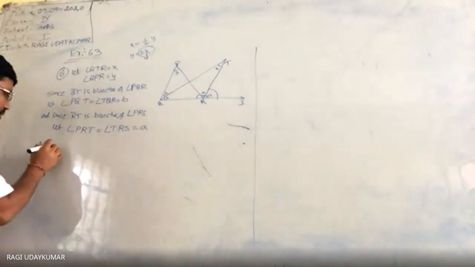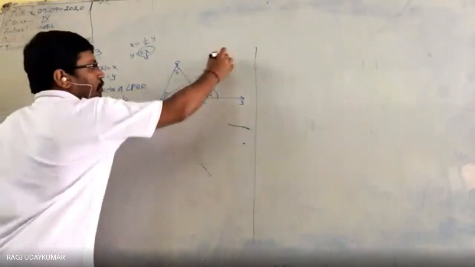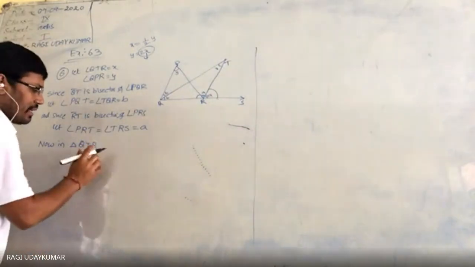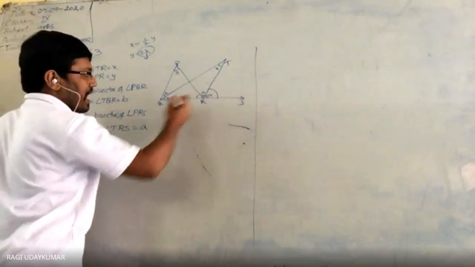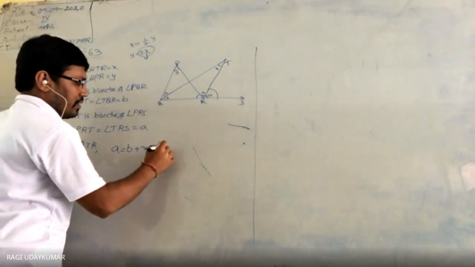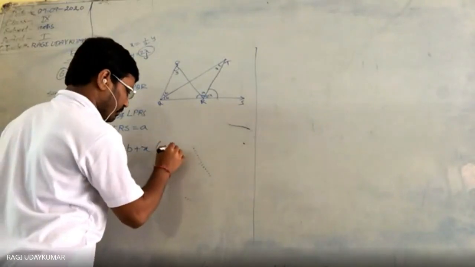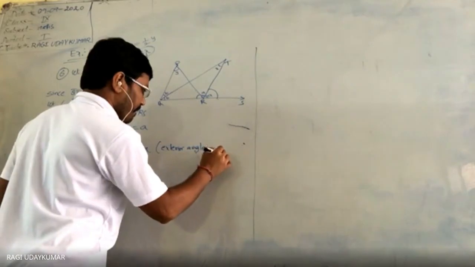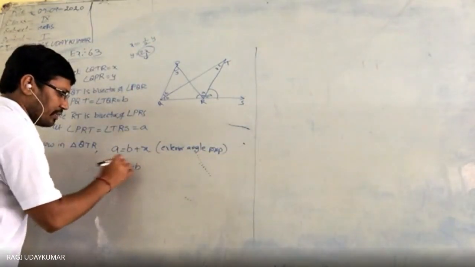Now, in triangle QTR, a is equals to exterior angle is equals to b plus x. Exterior angle property. So from this x is equals to a minus b, you will get.